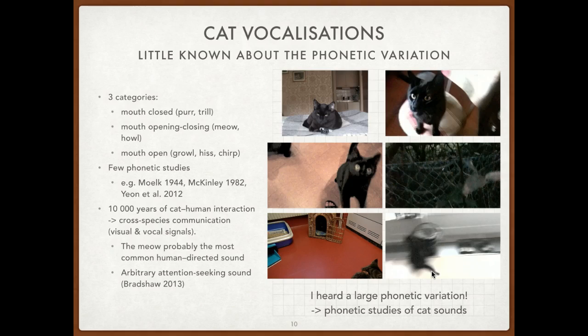And the meow is probably the most common sound directed to us humans, and John Bradshaw, the famous cat expert, describes the meow as an arbitrary attention-seeking sound. And cats need to use sound because we humans are so occupied with our eyes elsewhere on our computer screens, televisions, smartphones and so on. So cats need to use sounds to be able to get our attention.